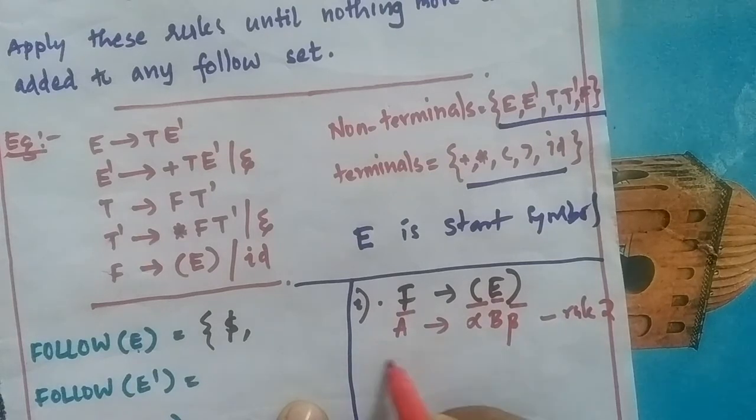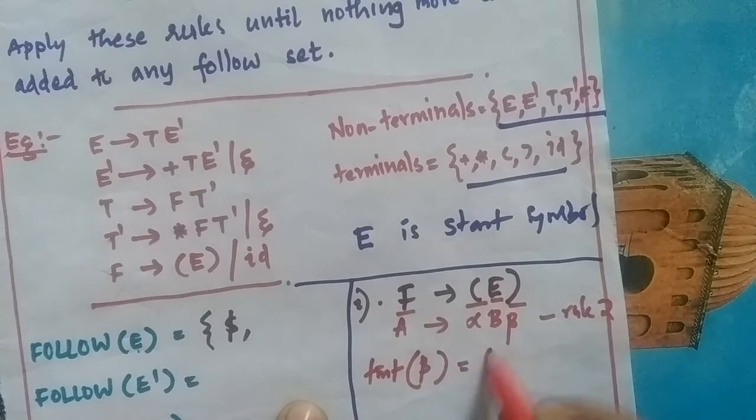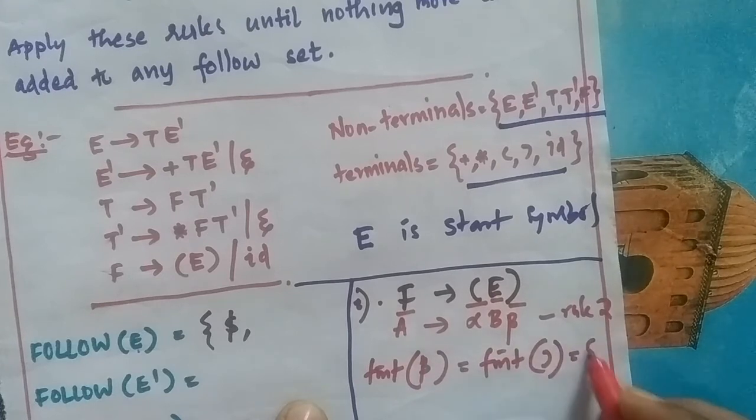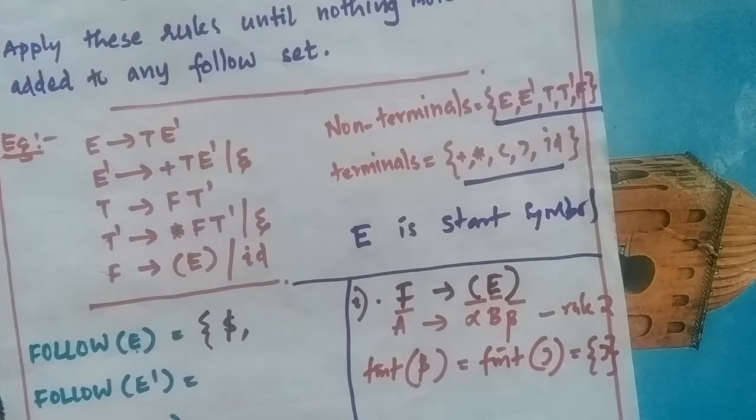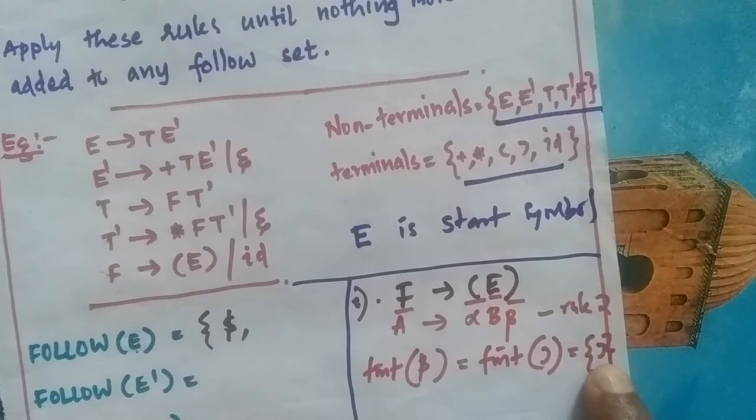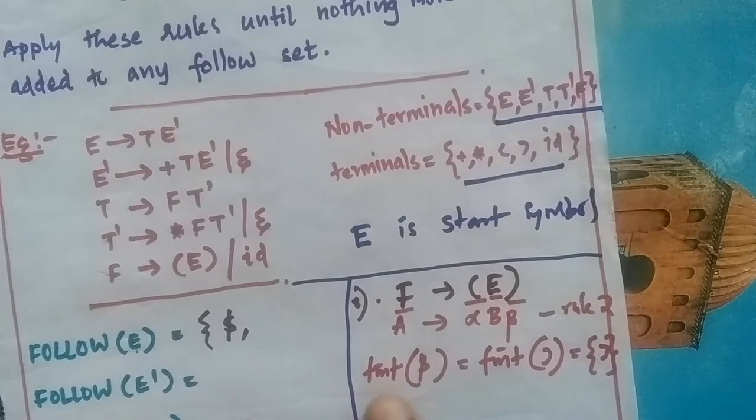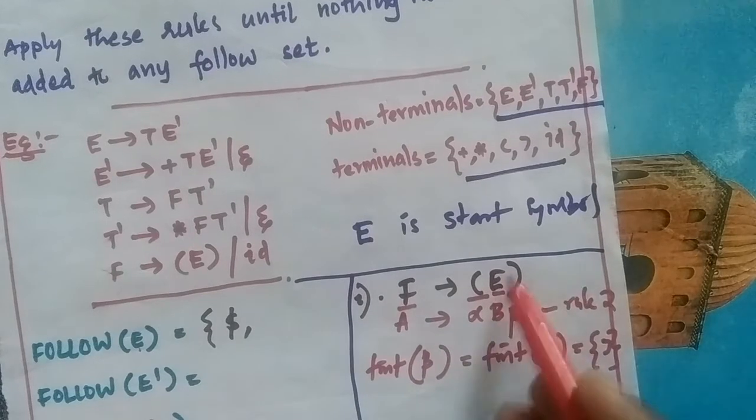First of beta is first of right bracket, which is only one terminal symbol, right bracket. So everything in first of beta except epsilon, here we have no epsilon, belongs to follow of B. So follow of B is follow of E.